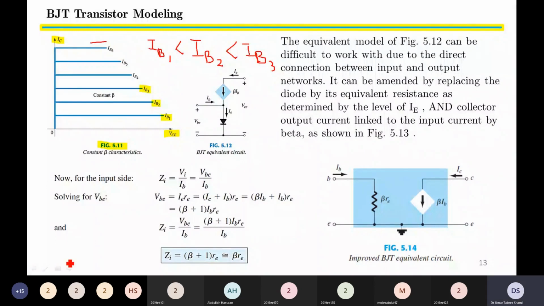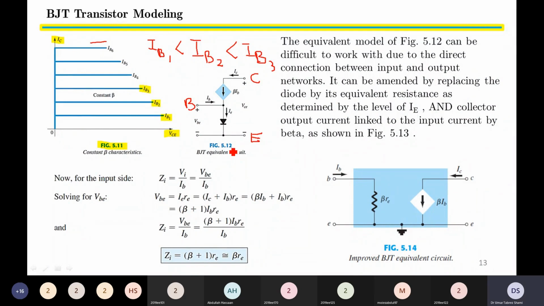Now, the equivalent model can be difficult to work with. Let us look at figure 5.12. Figure 5.12 represents the collector terminal, the emitter terminal, and the base terminal.